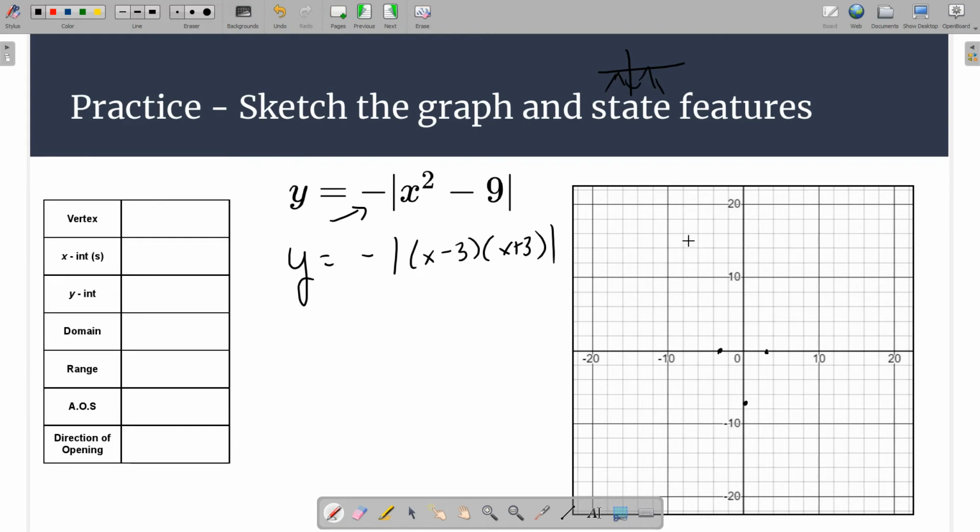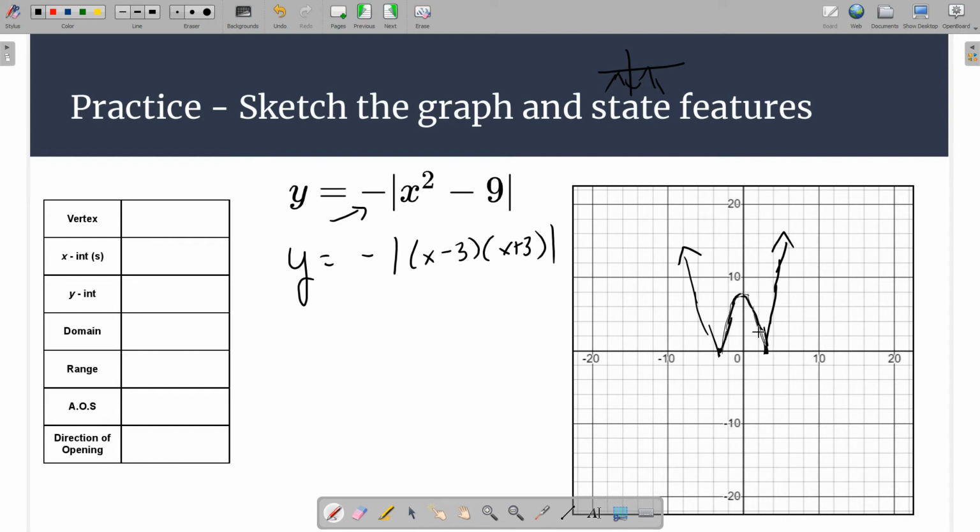And normally the graph, so this is interesting, normally the graph looks like this. But we've absolute valued it. So now, and I'll just erase this, I'll show all the steps of how the transformations all work together. Because of the absolute value, it looks like this. Selected the thin one, not the thick one.